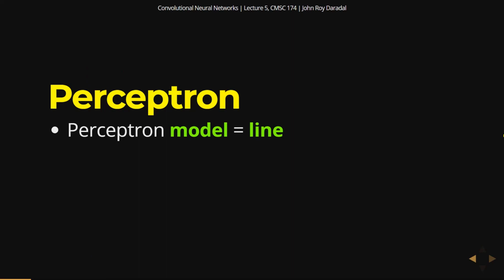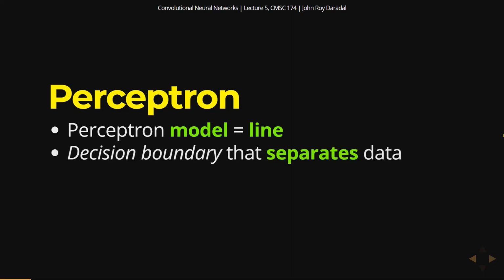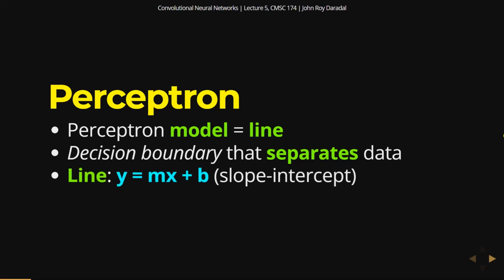Now the perceptron model is a line, because as we said, it separates linearly separable data. So the line is just a decision boundary that will separate the data, and remember that the line has the form y is equal to mx plus b, or the slope-intercept form, right? Where m is the slope and b is the bias, right?